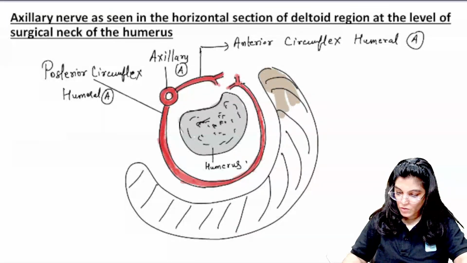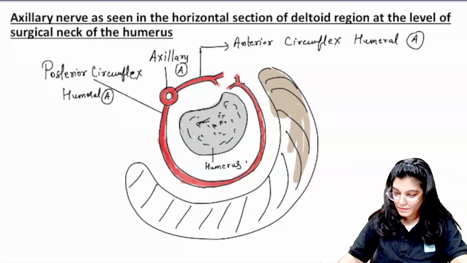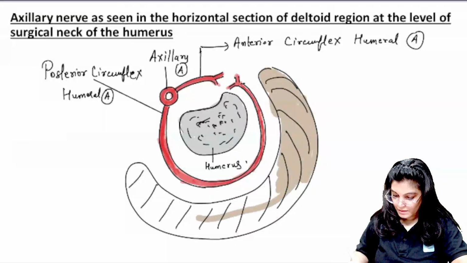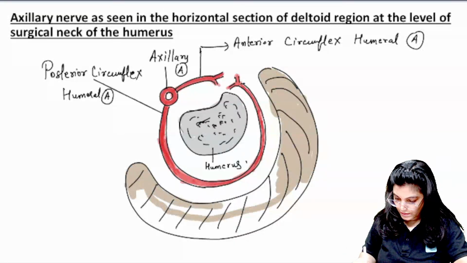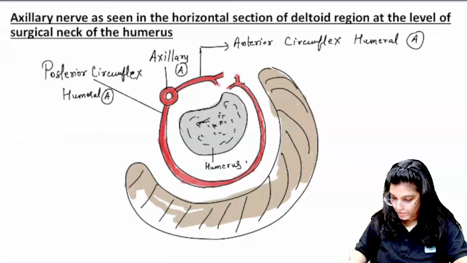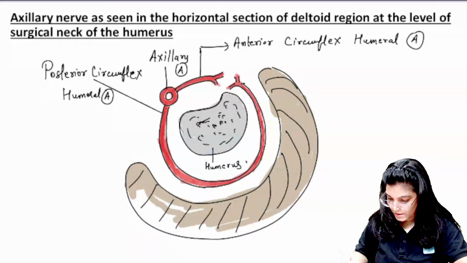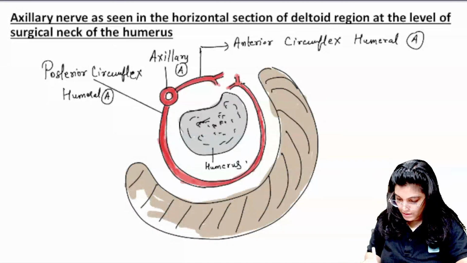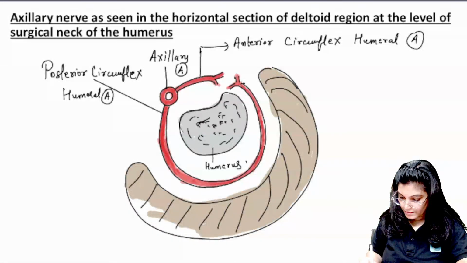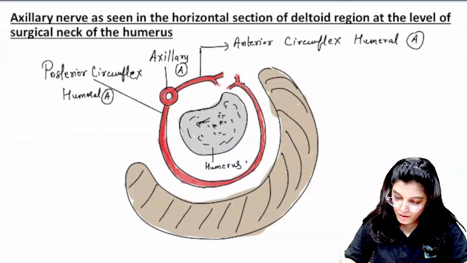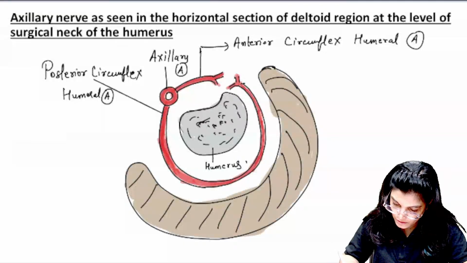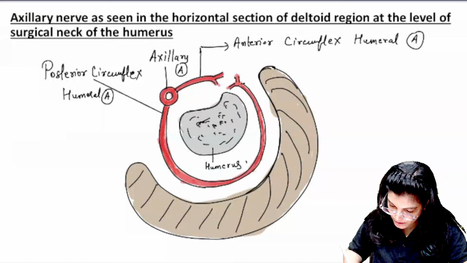I'm using brown color for the deltoid muscle. Use brown color for the muscles. Got it? Deltoid muscle. If you want to border it nicely, you can border it nicely.